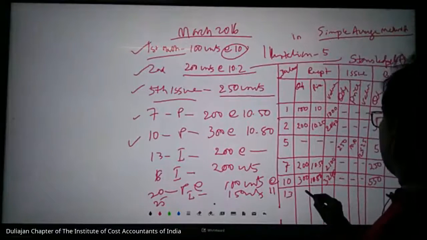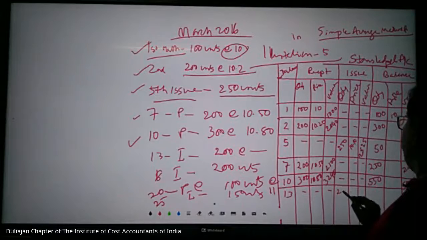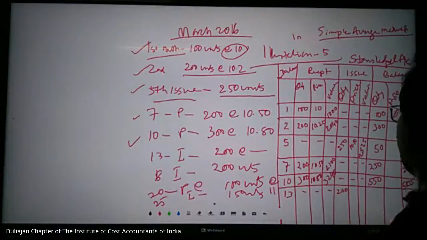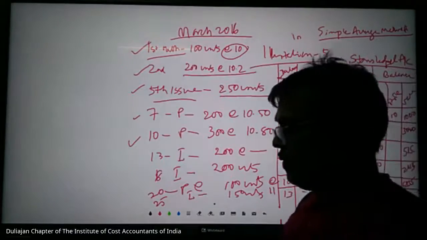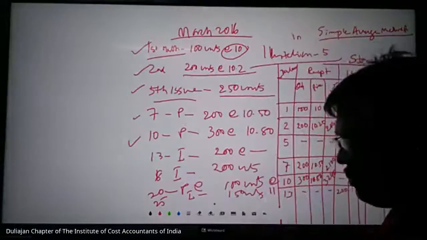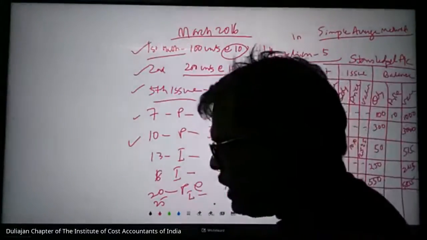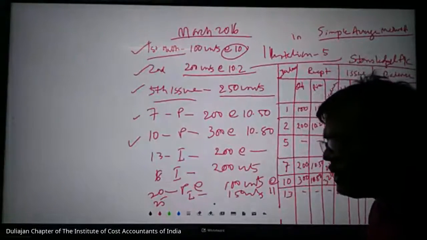On 13 there is an issue of 200 units. Now you tell me at what price it will be issued. On 13 there is an issue of 200 units.